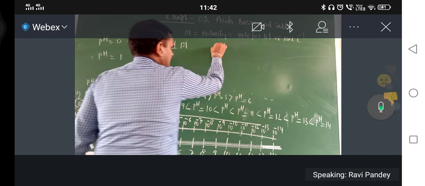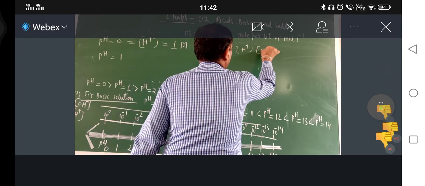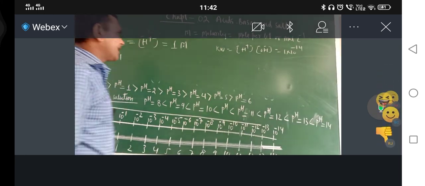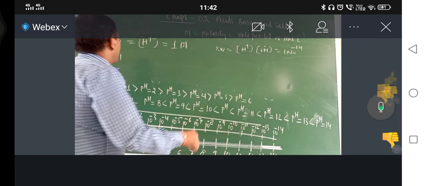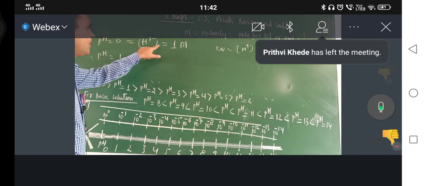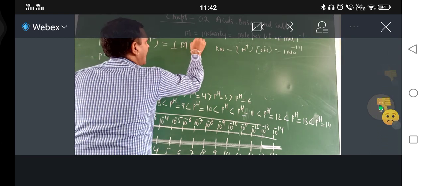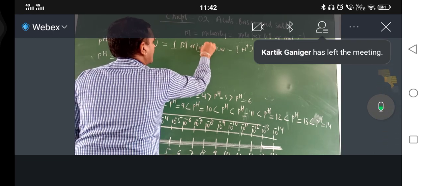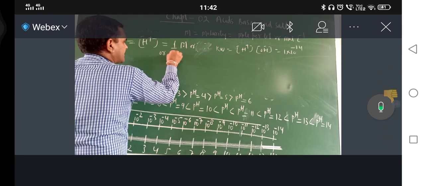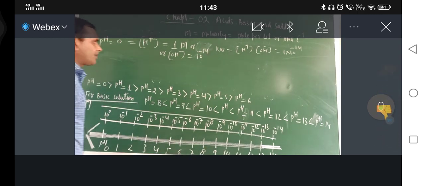Always remember, Kw is what I taught you: Kw is the product of H positive and OH negative, which is equal to 1 into 10 raised to the power minus 14. So if pH equal to 1, H positive molar concentration is equal to 1 M, or OH negative molar concentration would be equal to 10 raised to the power minus 14.